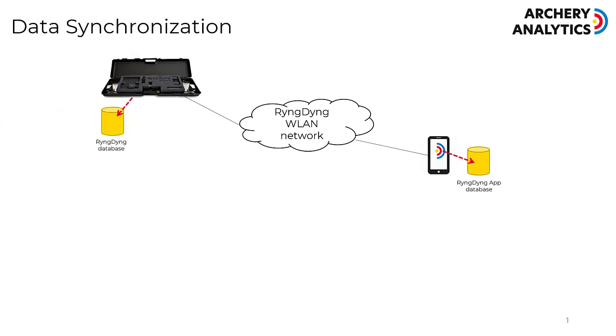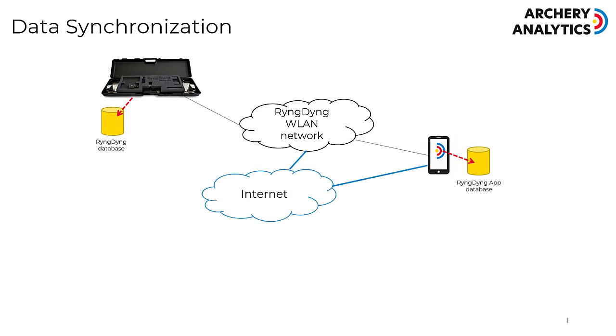So the next point is about data synchronization. This is the setup you have seen before, RyngDyng and app, and the possibility to access all the data inside the RyngDyng database or the app database.